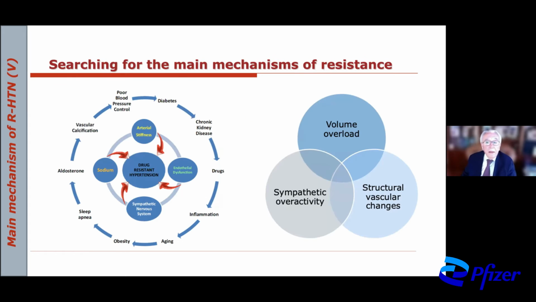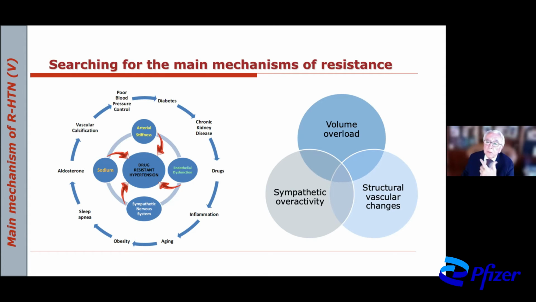And finally, is to try to identify if the patient has a volume overload, a sympathetic overactivity, or mainly structural vascular changes that are maintaining this high blood pressure. For sure it is not only one of the mechanisms, they are mixed, but always one of the mechanisms is the predominant.